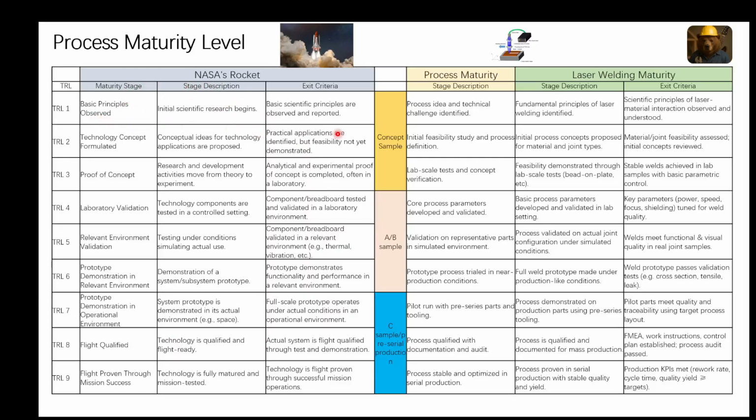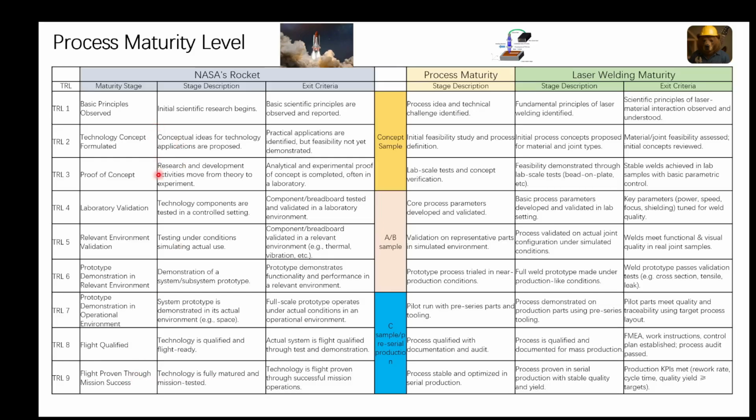Each technology is developed from basic principles, and it could be successfully tried at different levels. For example, at the laboratory, at the prototype and prototype demonstration in an operational environment, then actual flight qualified, and the actual flight on the flight mission.